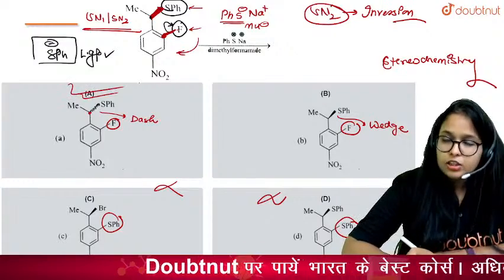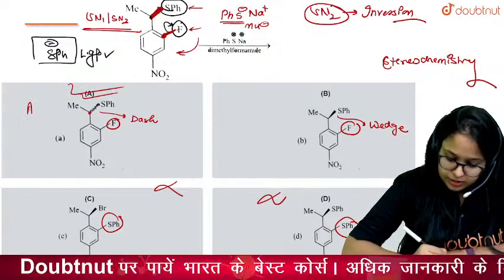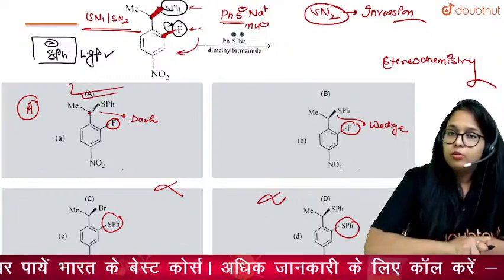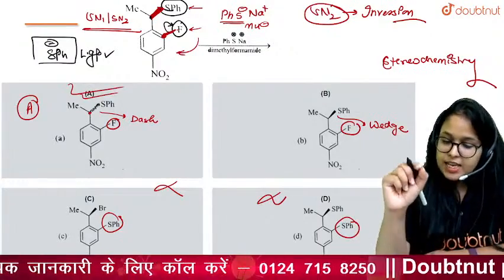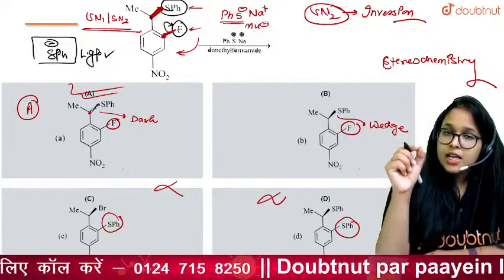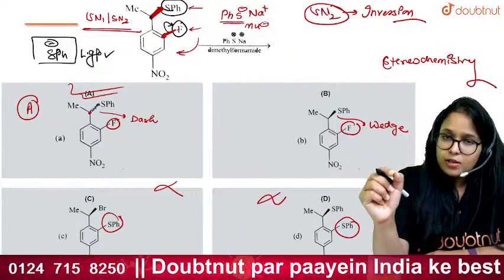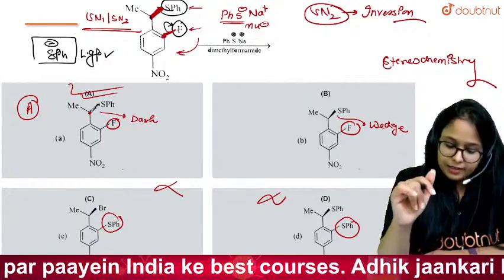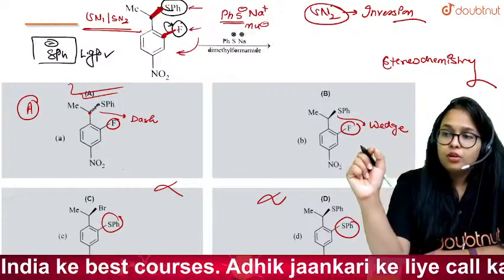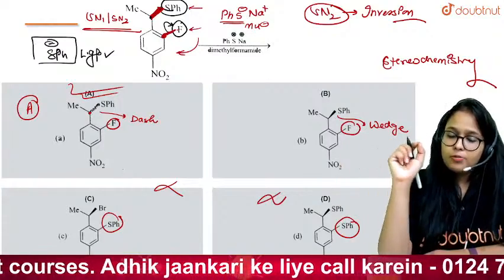But keep in mind fluorine should not be replaced. It is SPh which will be replaced. Since SPh in the substrate was at wedge position, the upcoming nucleophile will be at dash position. The correct option for this question is option A, right?